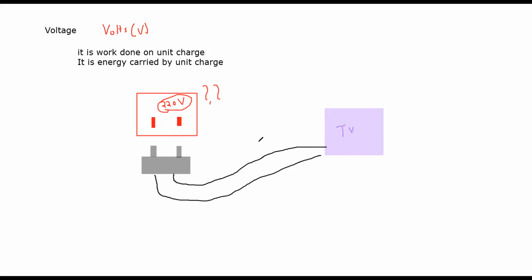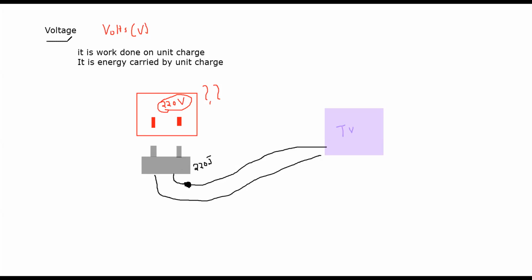So what is the meaning of this 220 volts? It means when I plug in, the charges start to move. The charges are moving through the wire, but how much energy does this charge carry when moving through the wire? This charge carries 220 joules. So 1 coulomb of charge carries 220 joules.